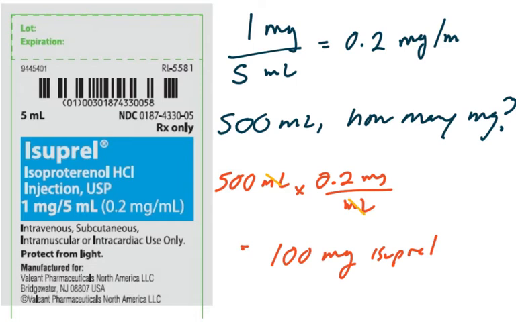And we see that 100 milligrams now per 500 milliliters would get us back to that 0.2 again. Okay, just kind of thinking of it in different ways.